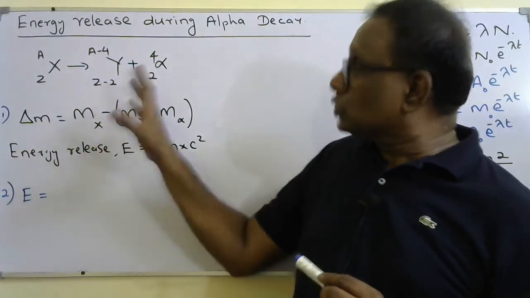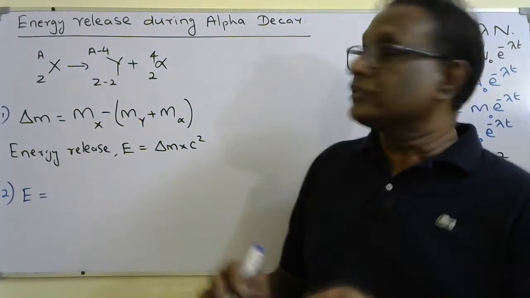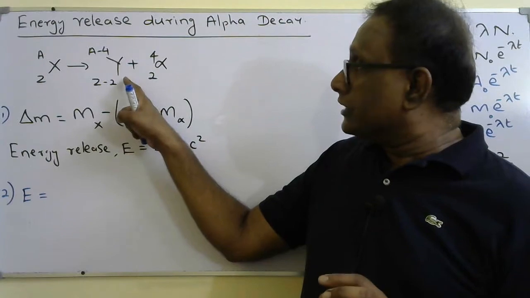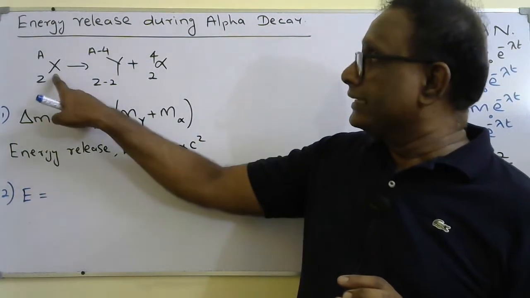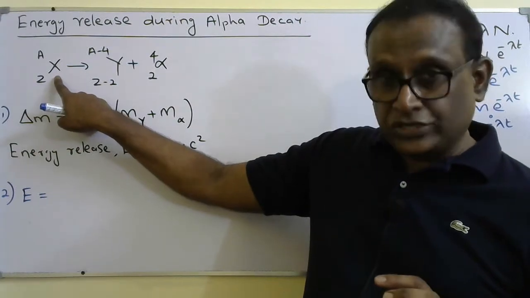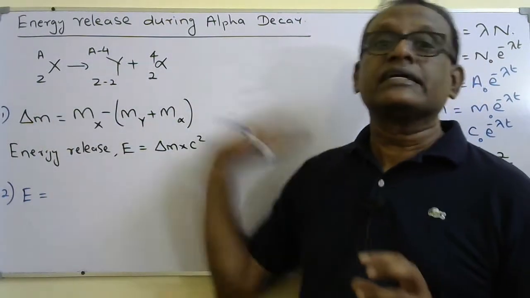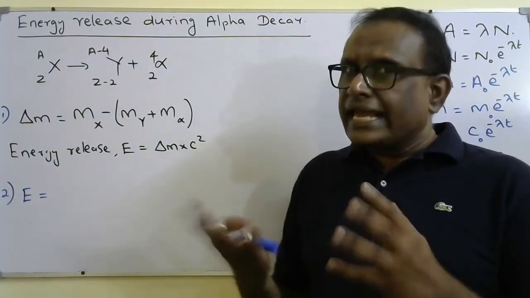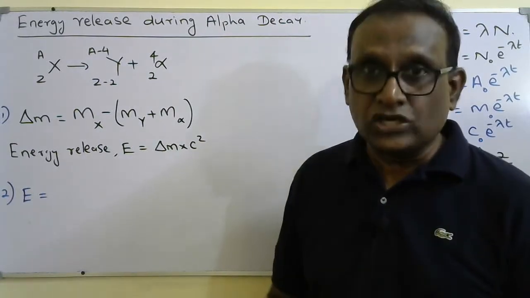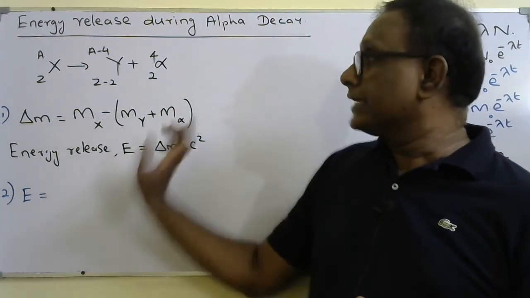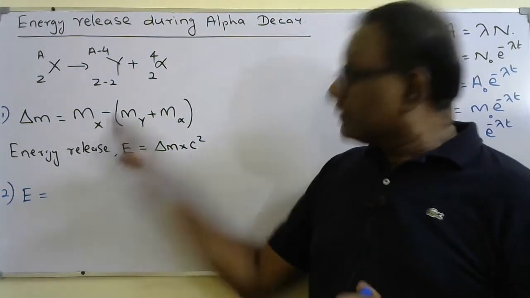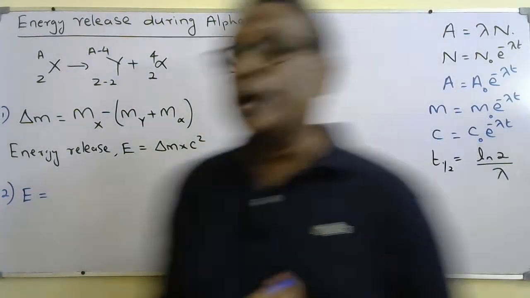But here we consider the total binding energy, the sum of the binding energy of the daughter nucleus and the alpha particle. That will be more than the binding energy of the parent nucleus. The difference gives the energy release. So they can ask in terms of binding energy also. This is one method to find the energy release during alpha decay. The second method is the binding energy method.